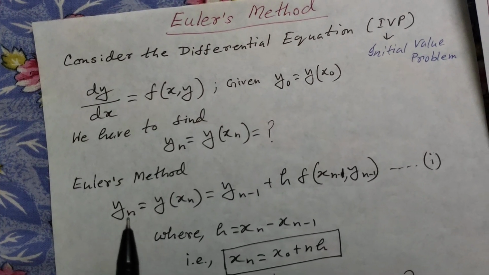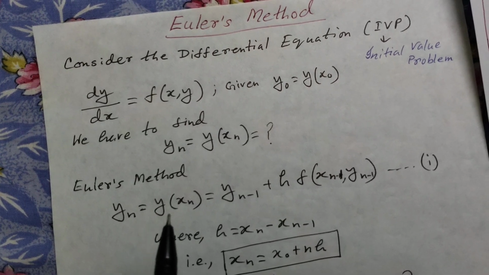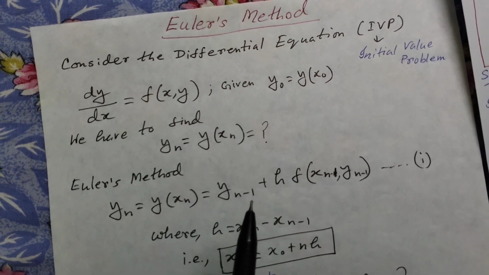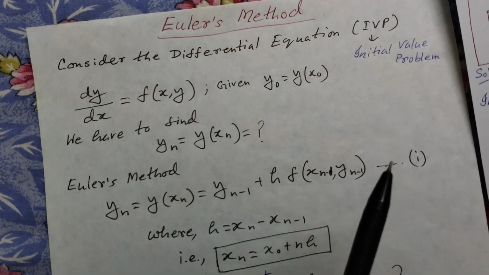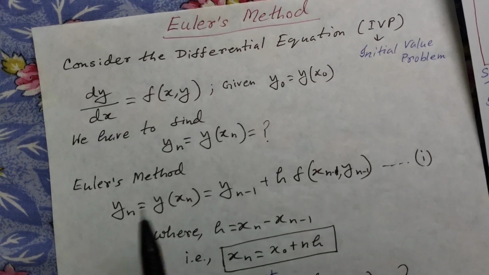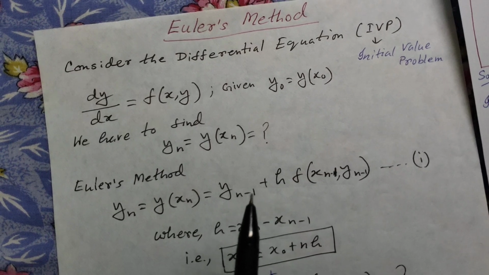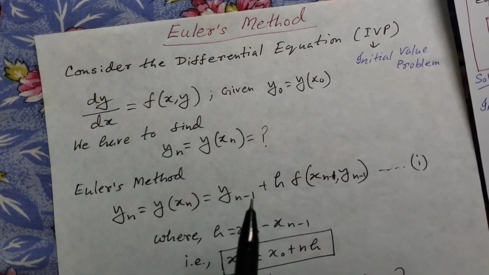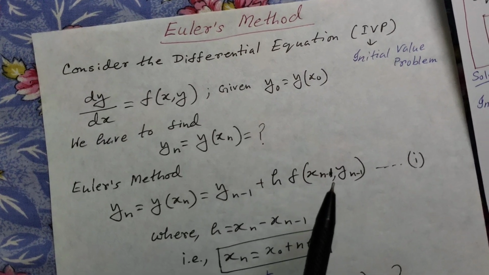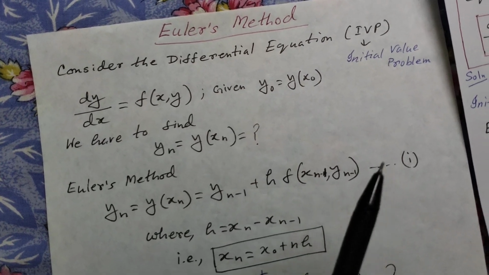Now according to Euler's method, yn = y(xn) = y(n-1) + h f(x(n-1), y(n-1)), right?